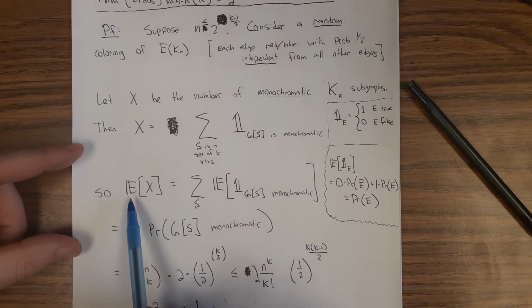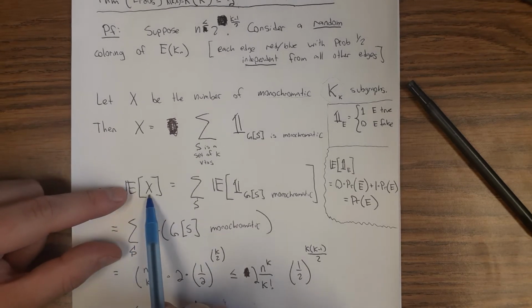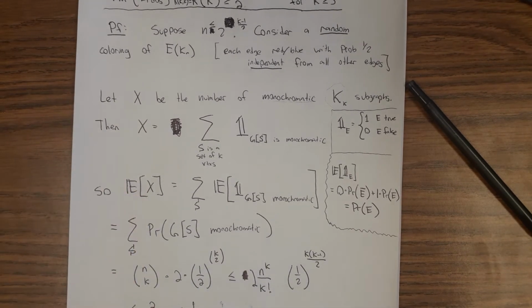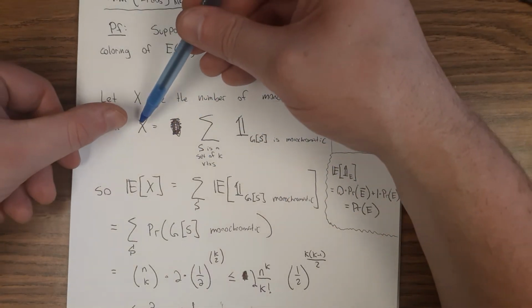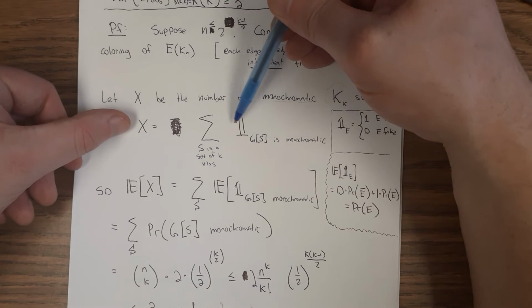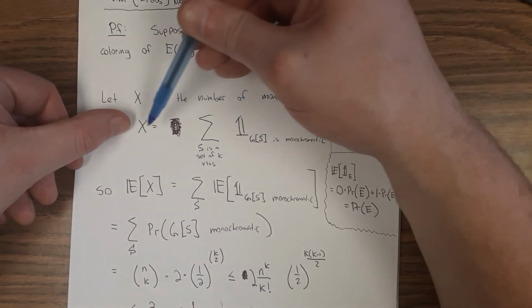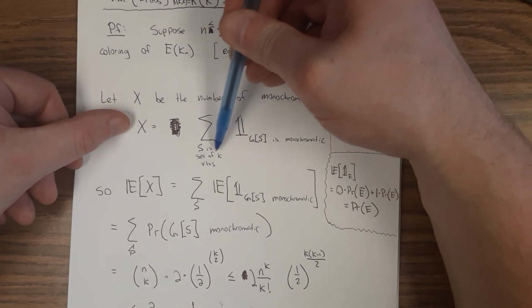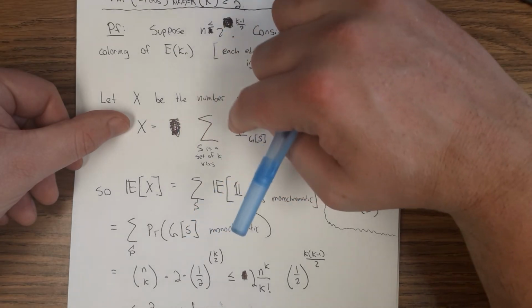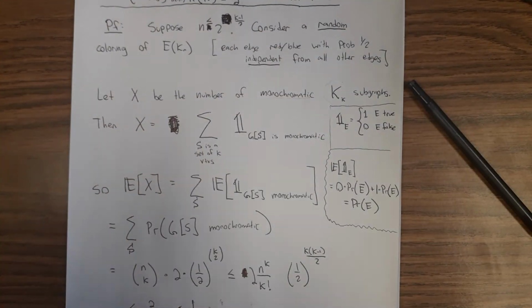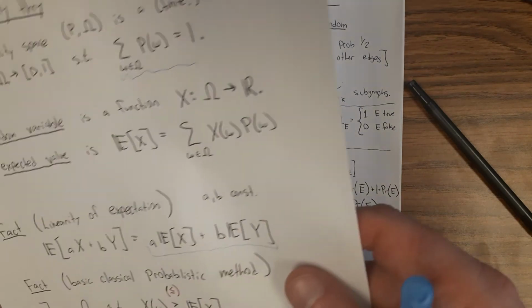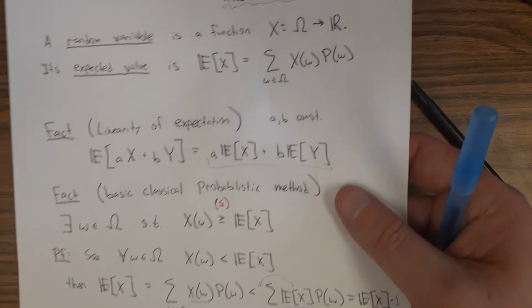So now, the expectation of X, because we have linearity of expectation, it's like I'm just doing the expectation of both sides of this, and when I do the expectation on the right, I can pull it inside the sum because of linearity of expectation.